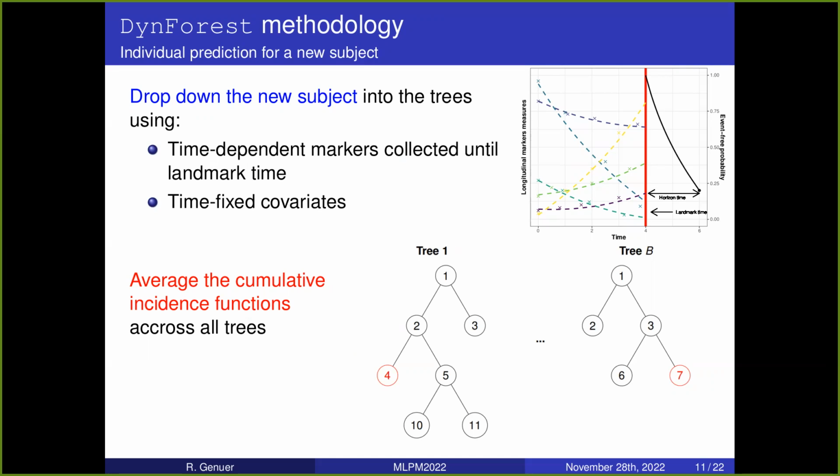So for example, when the time-dependent markers change, does the person fall into a different leaf of the tree or no? Yeah, the individual that you have to predict will go to one leaf or another given the evolution of the markers.